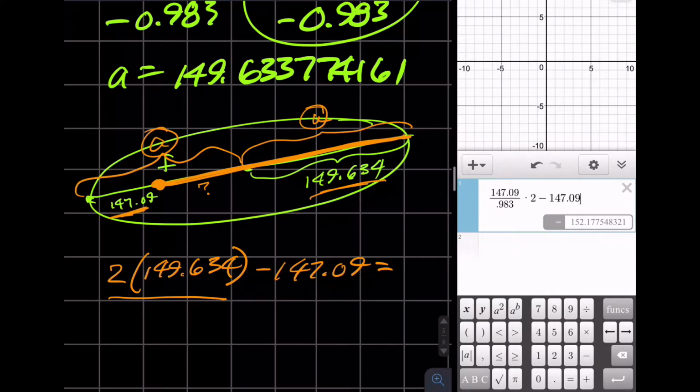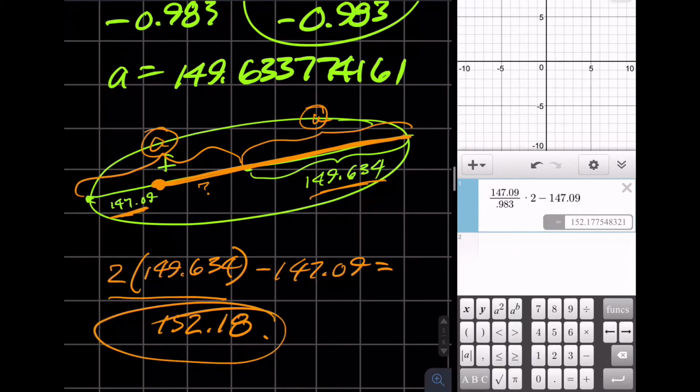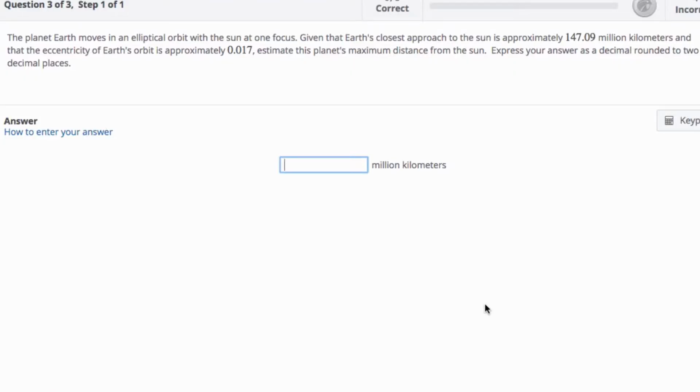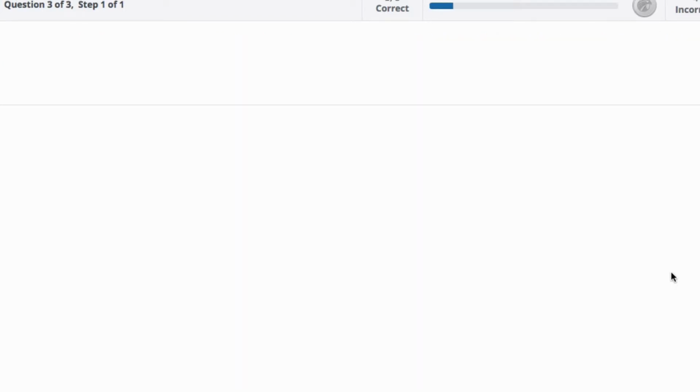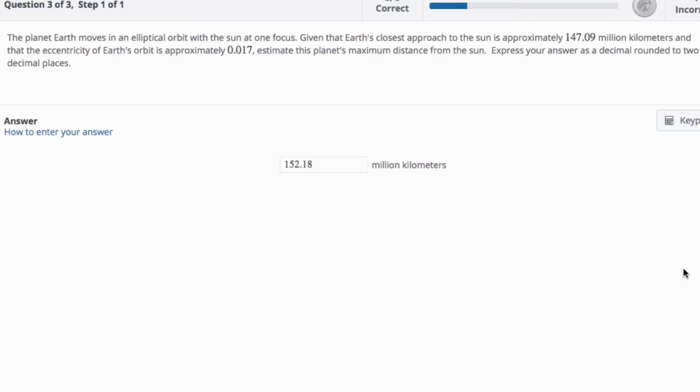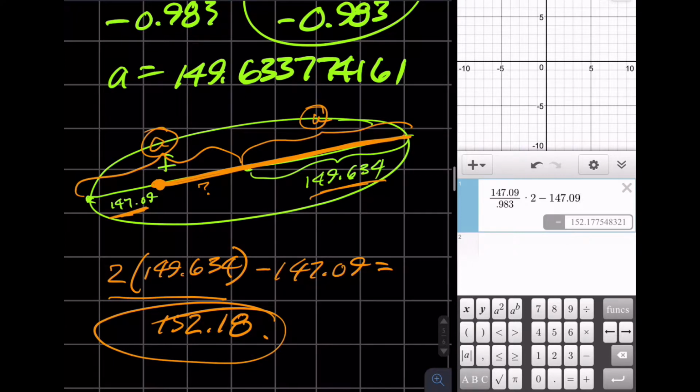And I get 152.18. And that is the answer that we're going to type in. To the hundredth, it is 152.18. So let's type that in. 152.18 million kilometers. And we're going to submit the answer. So think about that. It's 152.18 million kilometers.